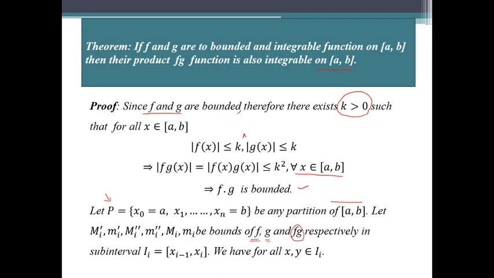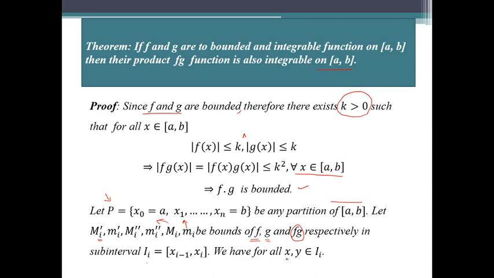Here capital M indicates the upper bound and small m indicates the lower bound. The suffix i means these bounds lie in the i-th subinterval, that is the closed interval [x(i-1), xi].